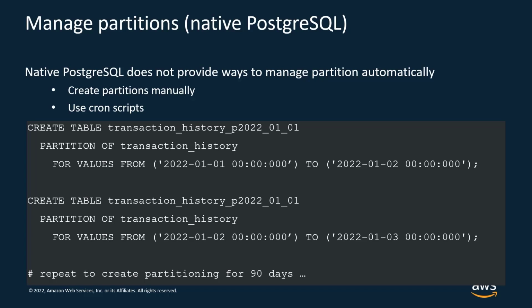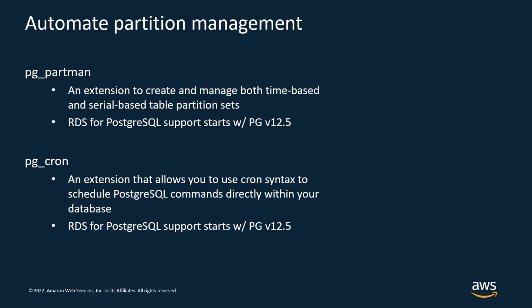We also need to manually create new partitions and remove aged partitions to keep the most recent days of data in the partitioned table. We can script that and schedule a job to help with the ongoing maintenance. This manual process certainly works. However, it can be cumbersome.